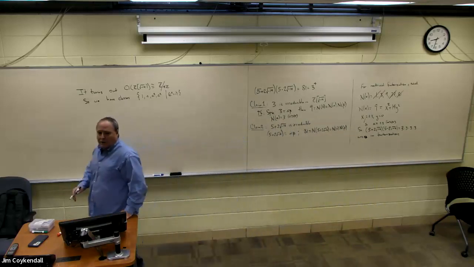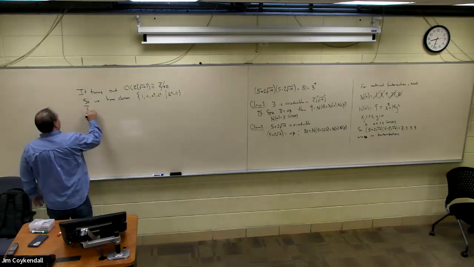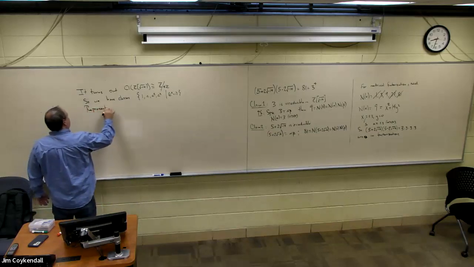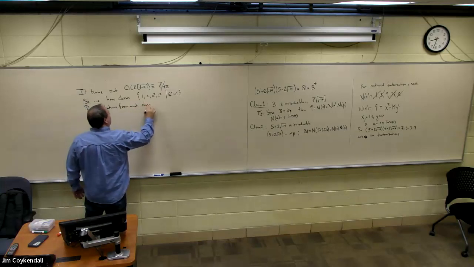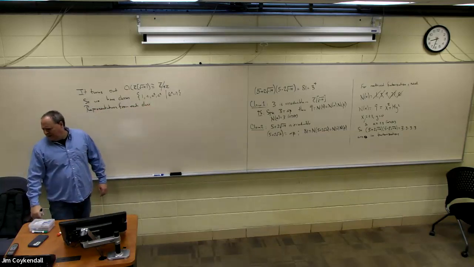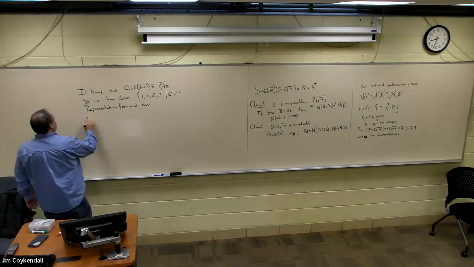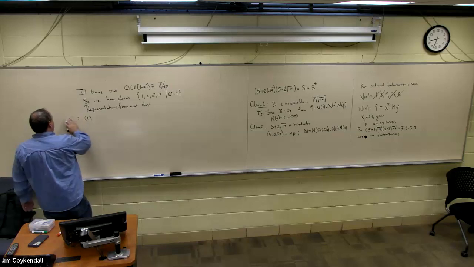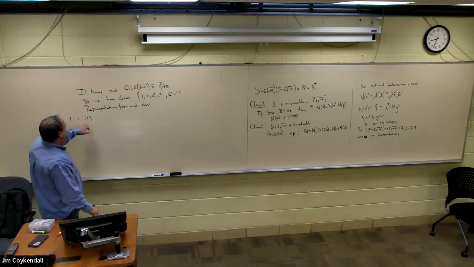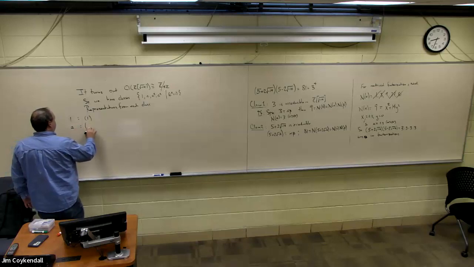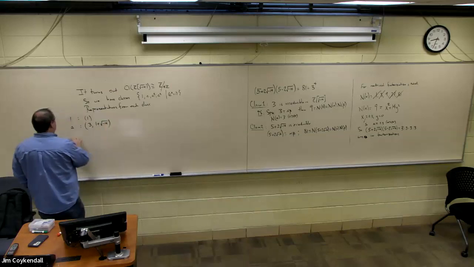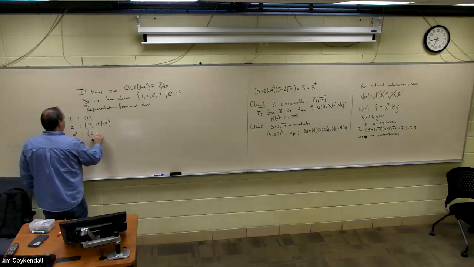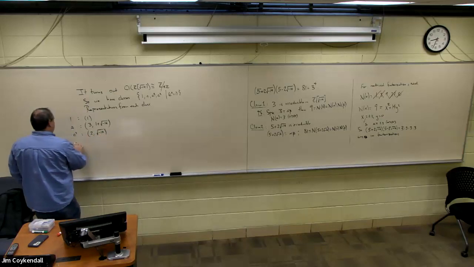I'm going to give you a representative in each class. How about the ideal generated by 1? That's certainly principal. The other classes are represented by the ideals generated by 3 and 1 plus radical negative 14, and so on.